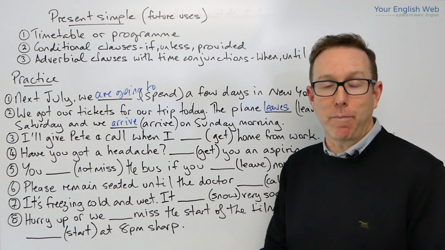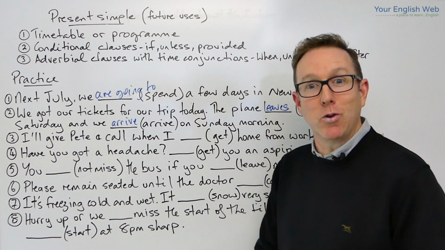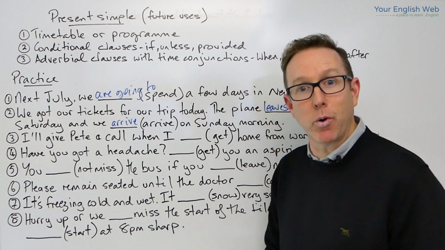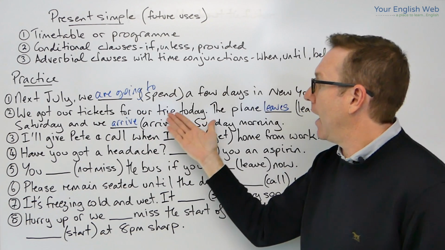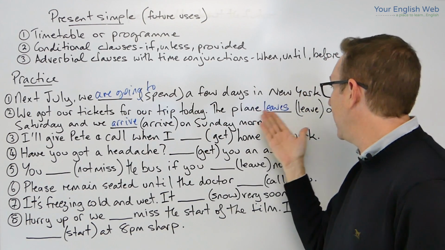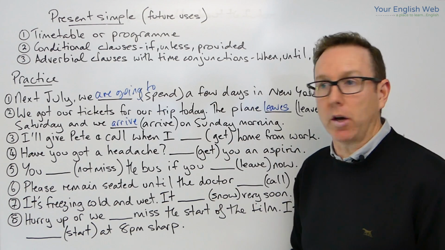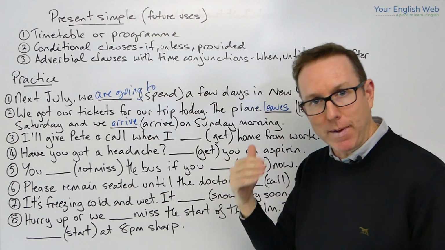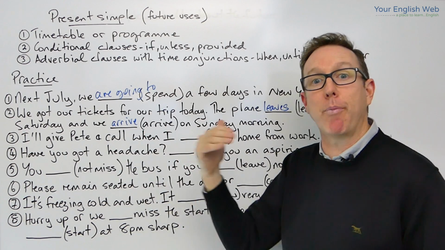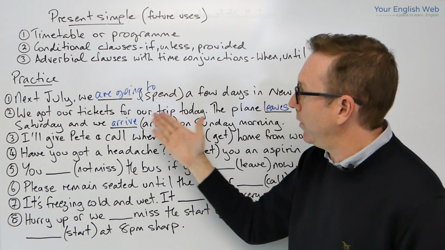I don't know whether you're familiar with the concept of the travel agent, but in the past, you used to go to a travel agent to book your holidays, and they would say something like this. So your tickets are ready today, the plane leaves on Saturday, and you arrive on Sunday morning, okay? Because it's a program. It's a series of events that are programmed, okay? So this is how we can use the present simple here for the future reference.